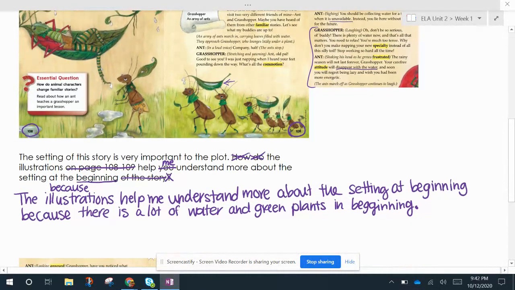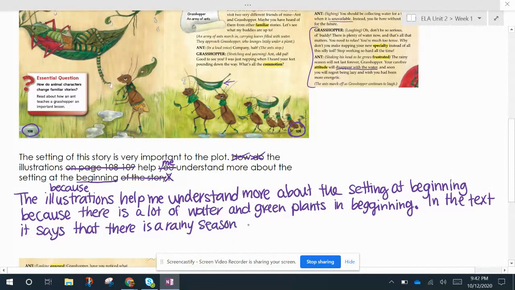So in the text, it says that there is a rainy season and dry season in the African grasslands.